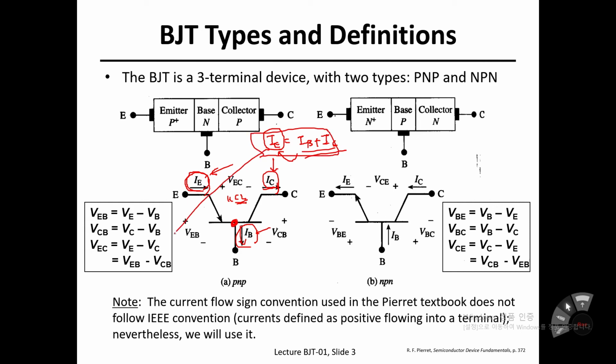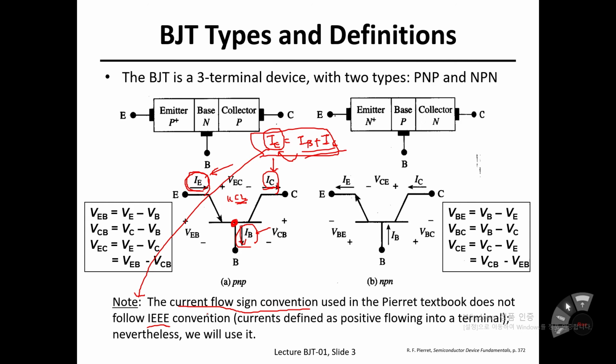But one notice is this: the current flow sign convention used in our textbook, BRS book, is not well aligned with the IEEE convention. So IEEE convention is a kind of standard.